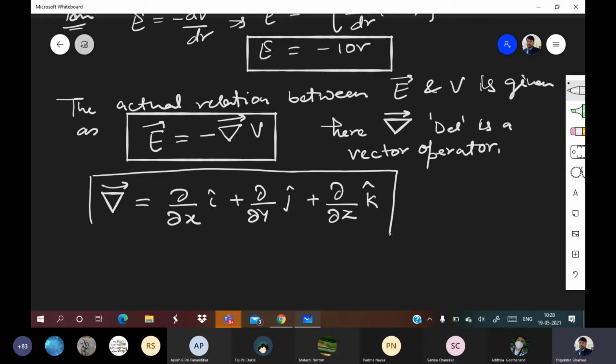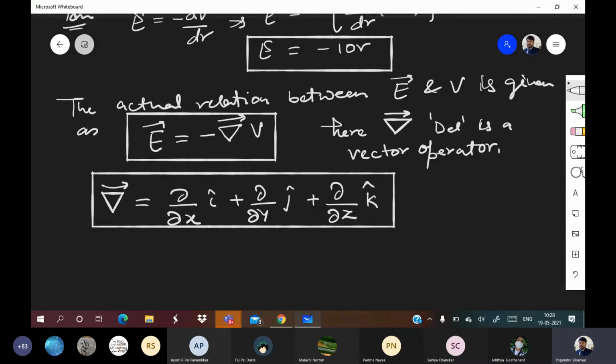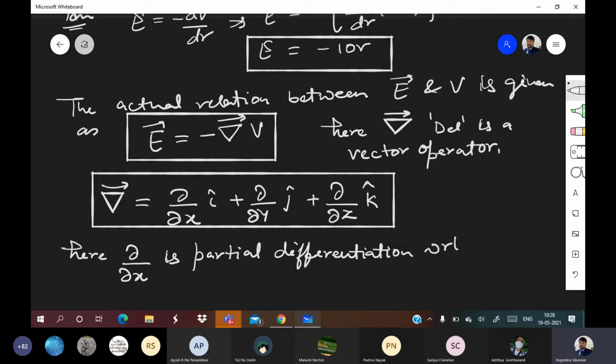Now what are dou by dou x, dou by dou y, dou by dou z? This is called partial differentiation. Dou by dou x is partial differentiation with respect to x, and so on.